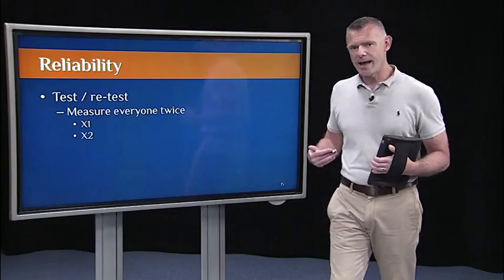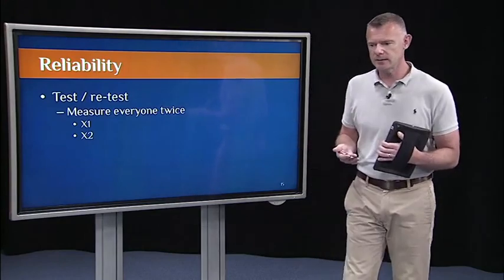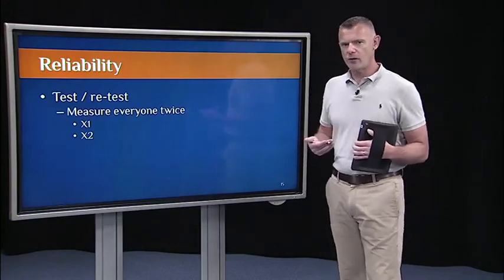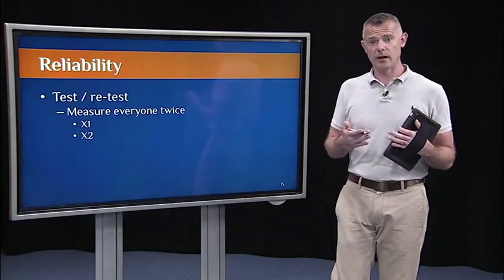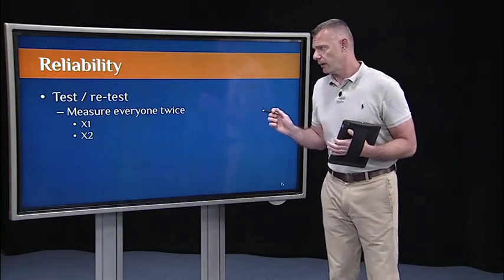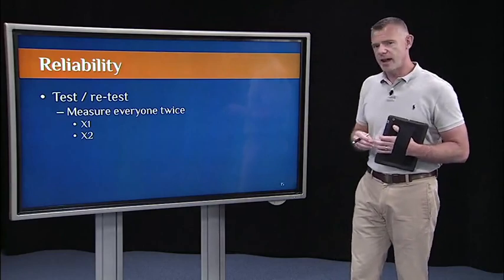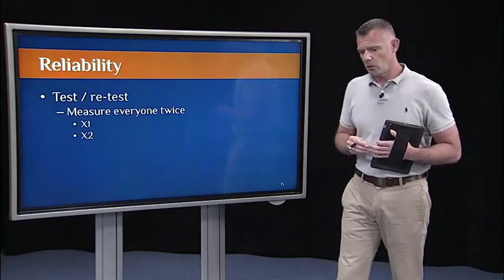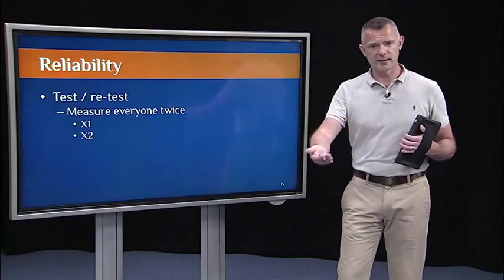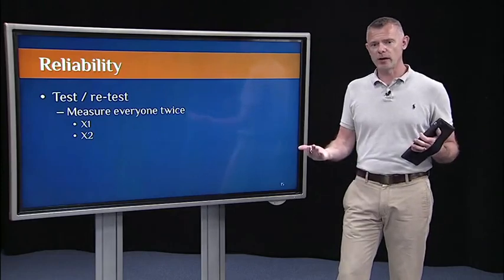So how do we detect these kinds of biases, chance errors, and how do we estimate the reliability of a measure? Well, the first way I'm going to describe is the test-retest method. So it's very simple, just like this scale example. Just measure everyone twice.